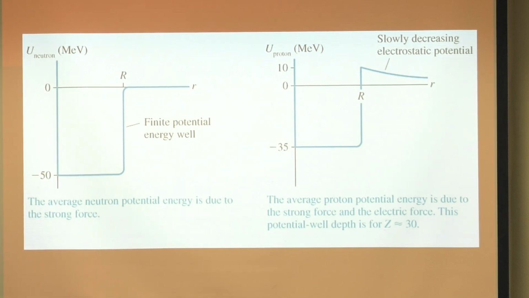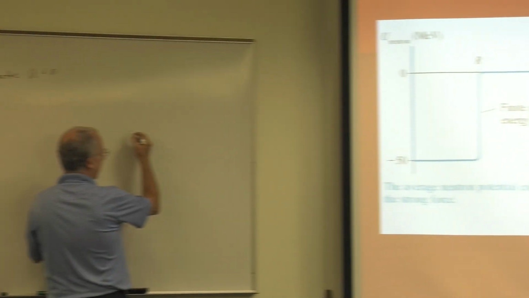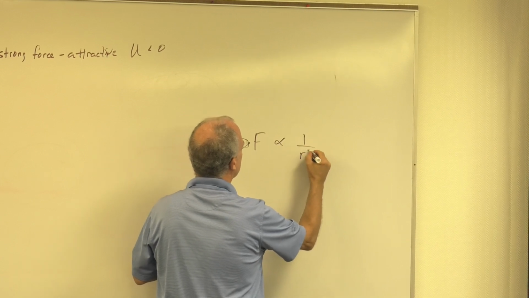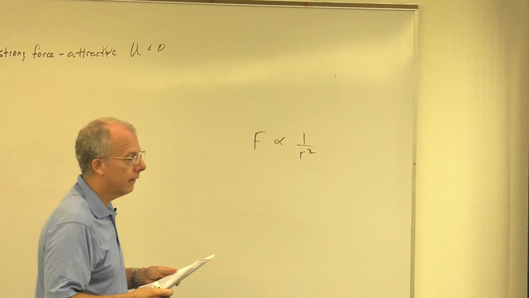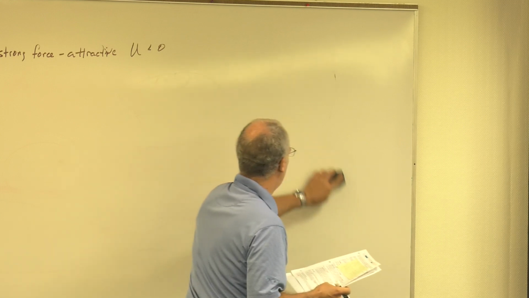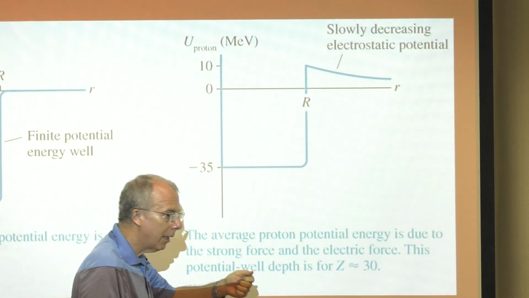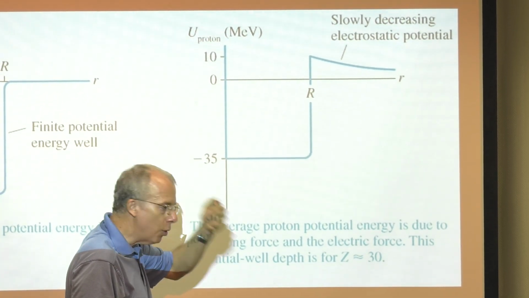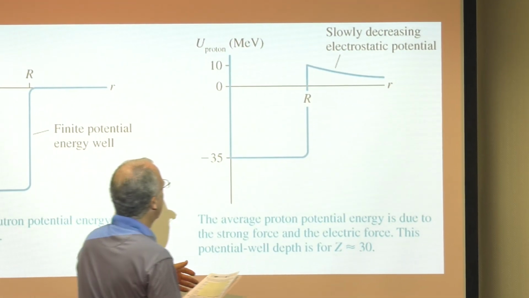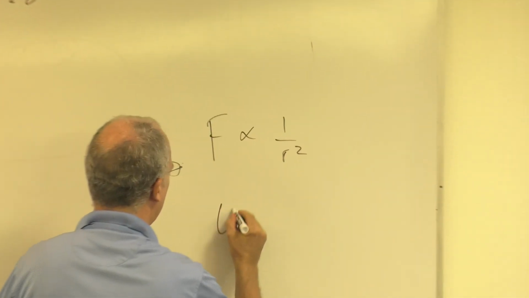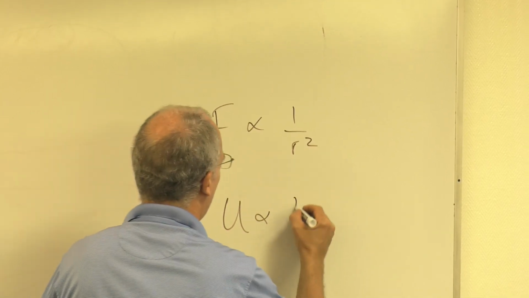For the people who haven't had Physics 220, the force is proportional to 1 over r squared, and the potential energy, we learned in Physics 220, is proportional to 1 over r, and that's repulsive.